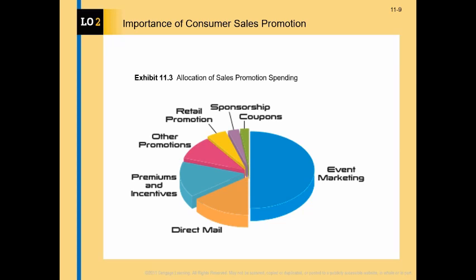But look on the left hand side: direct marketing, premiums and incentives, probably around 20%. Retail promotions and coupons are not that large, but again, that's one of the tools we are more used to seeing. And again, this all depends on segmentation.